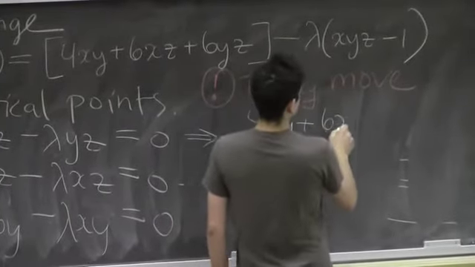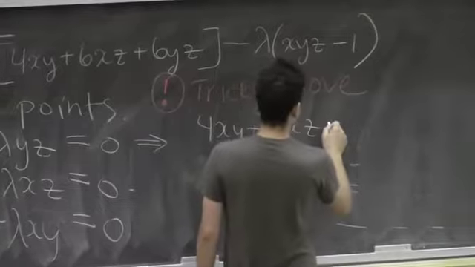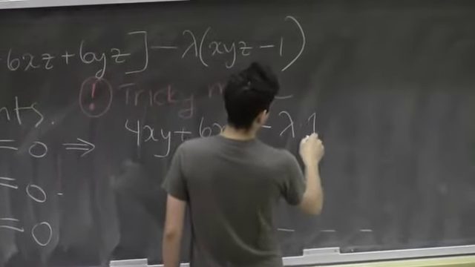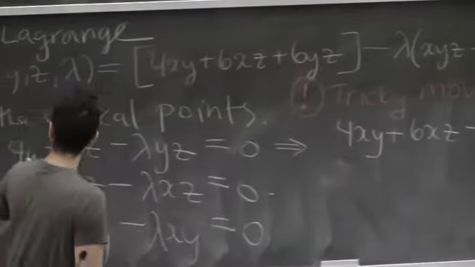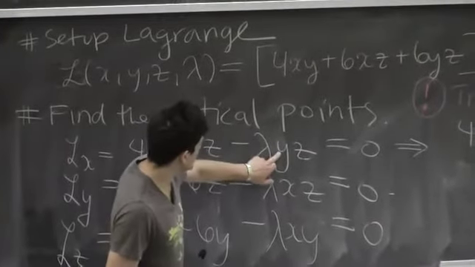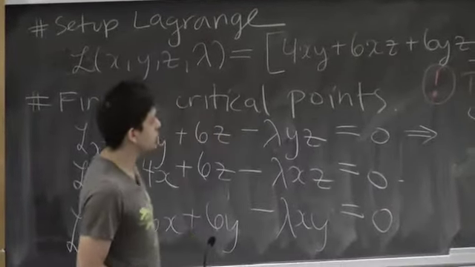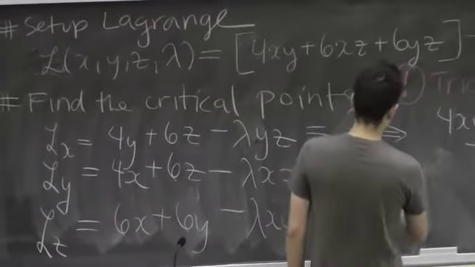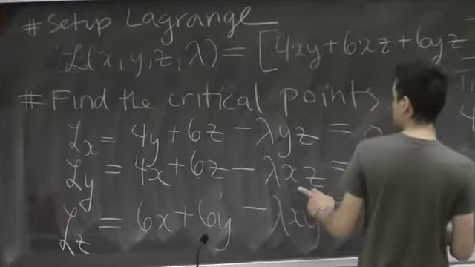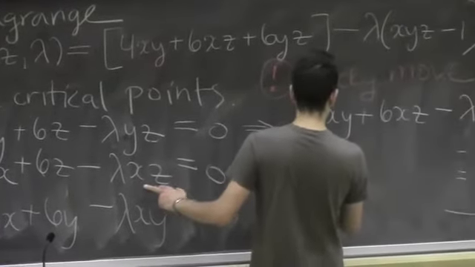4xy, 6xz, minus lambda times 1 is 0. So we multiply in an x onto all three terms. xyz is 1, so we write it as 1. Here we multiply in a y.